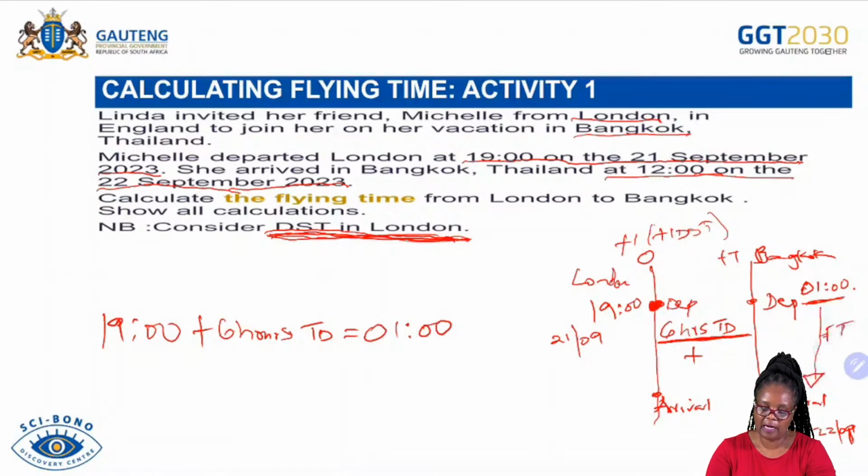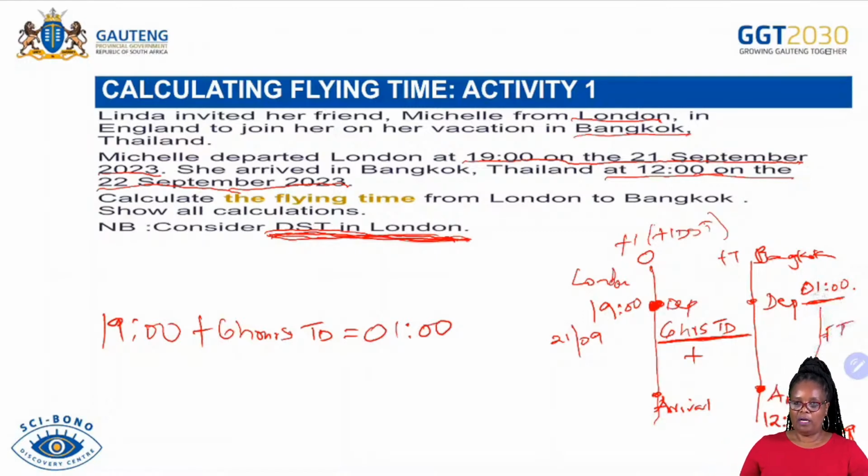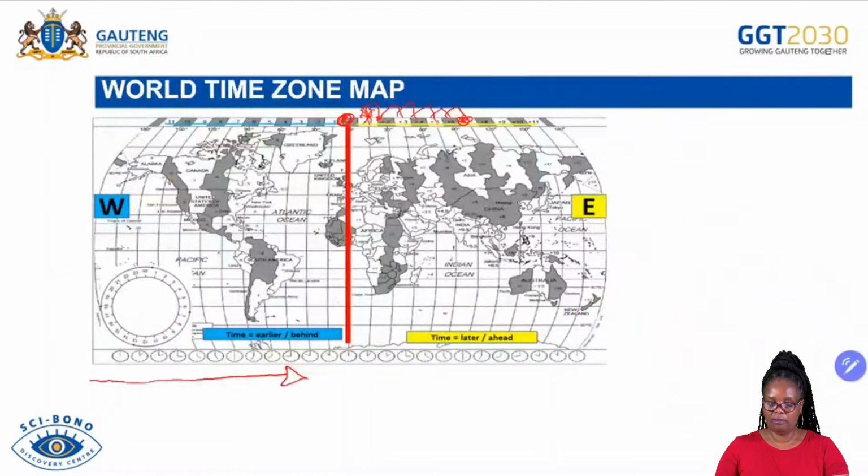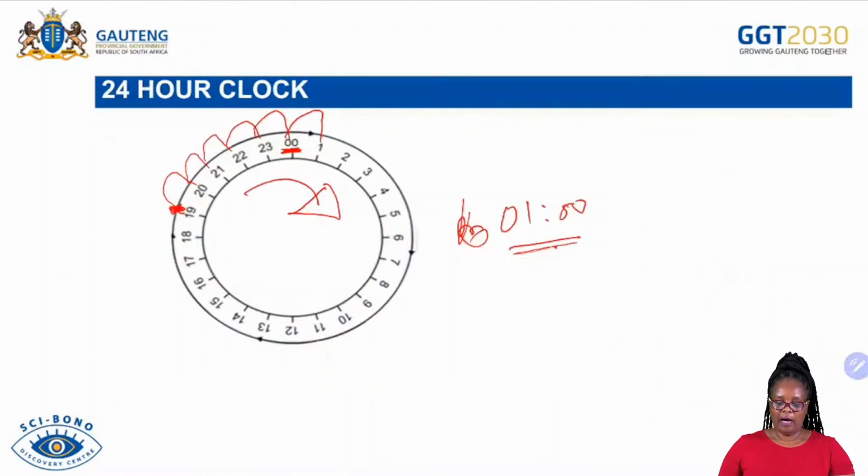So we calculate from 0100 hours to 1200 hours. How are we calculating this? Let's go back to our clock. We calculate from 1, from here to here.